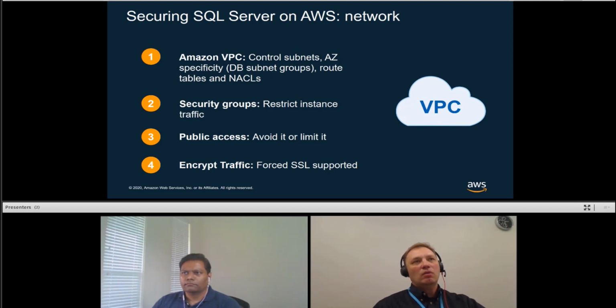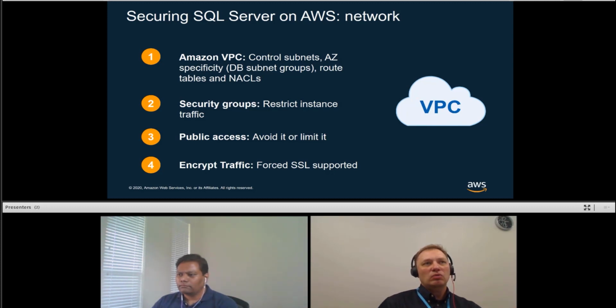So the first level is network. Here you've got your VPC, your virtual private cloud, which is a fully isolated part of your AWS cloud. You control your subnets through the route tables.